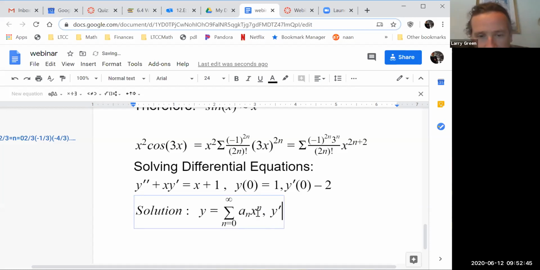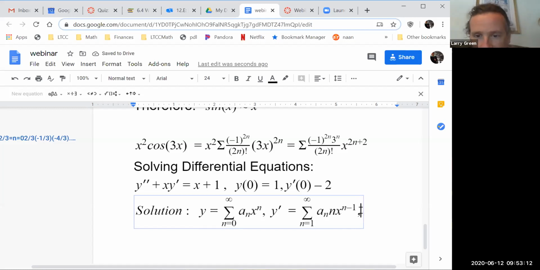y prime is equal to, and I'm going to copy and paste what y was, except now it's going to be a_n times n, x to the n minus 1. And this is why I put the numbers in, because it's now n equals 1 to infinity when you take a derivative.